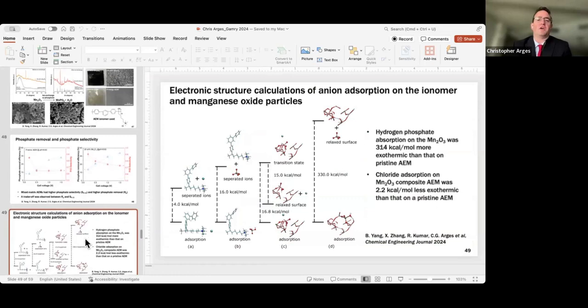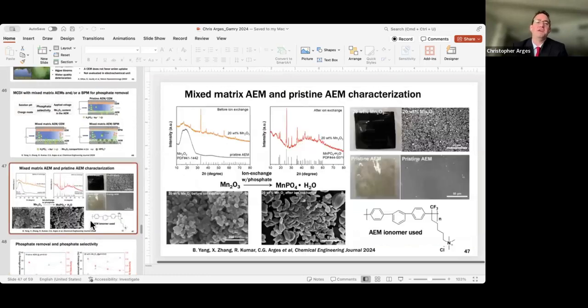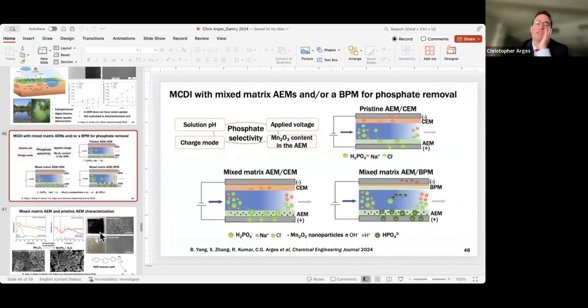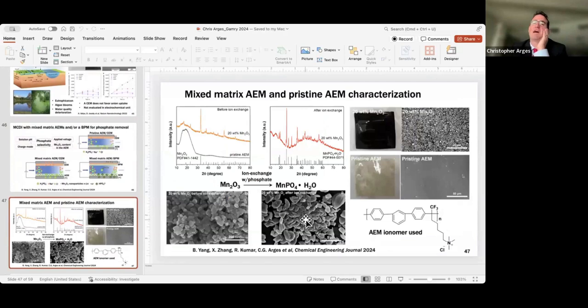Really good question. All we know is that this manganese oxide has an affinity for phosphate, and through the ion exchange, the XRD shows it is making manganese phosphate. So even there, the manganese seems to have some affinity for going from a manganese oxide to a manganese phosphate.